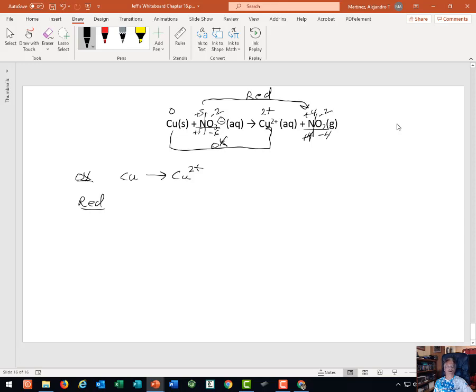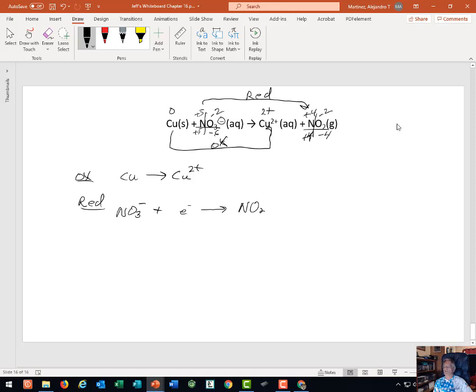So let's go ahead and write the reduction half reaction. The reduction half reaction is nitrate ion going to, we know we're going to be adding some electrons here. We don't know how many, so we're going to hold off on that. And then over here we have nitrogen dioxide. All right? Okay, so here we go.